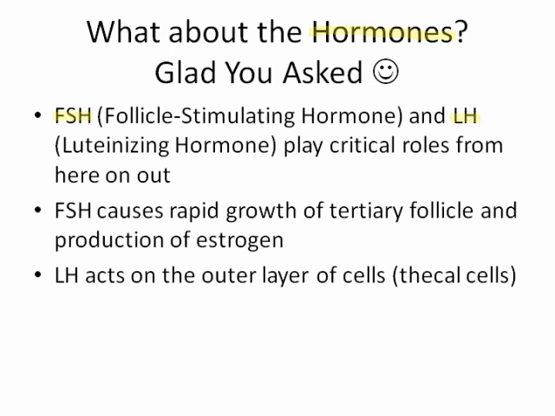We understand that follicle-stimulating hormone and luteinizing hormone are both produced within the anterior pituitary, and that they are under the direction of gonadotropin-releasing hormone, which is released from the hypothalamus.